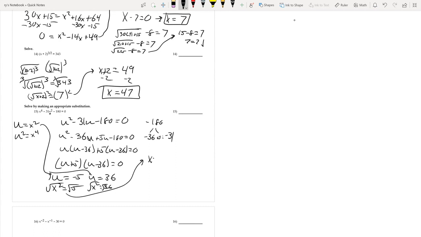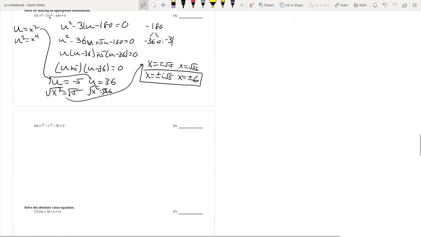I am getting x is equal to plus or minus the square root of negative 5, which ends up being plus or minus i root 5. And then x equals the square root of 36, which is x is equal to plus or minus 6. So there's our 4 answers. Plus or minus i square root of 5 and plus or minus 6.